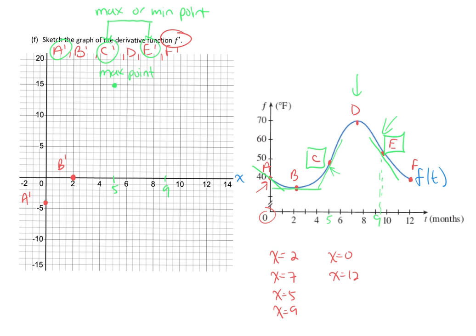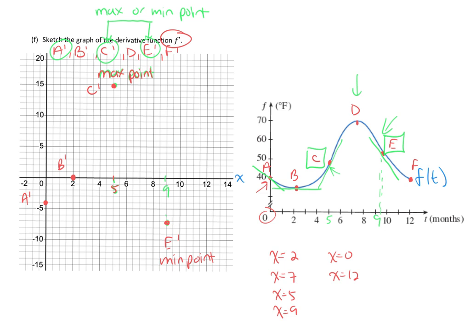So at x equals 9 on the derivative function, I would plot E prime below the x-axis because the derivative is negative. The tangent line is decreasing, and this is where we'll have a minimum point on the derivative. Again, the inflection point at x equals 5 is going to be a maximum point, which I call C prime, and we have E prime.